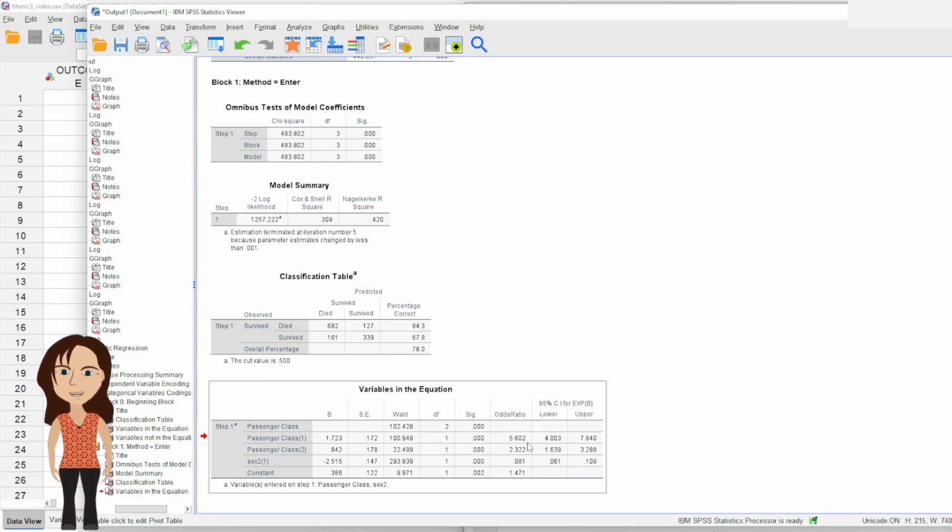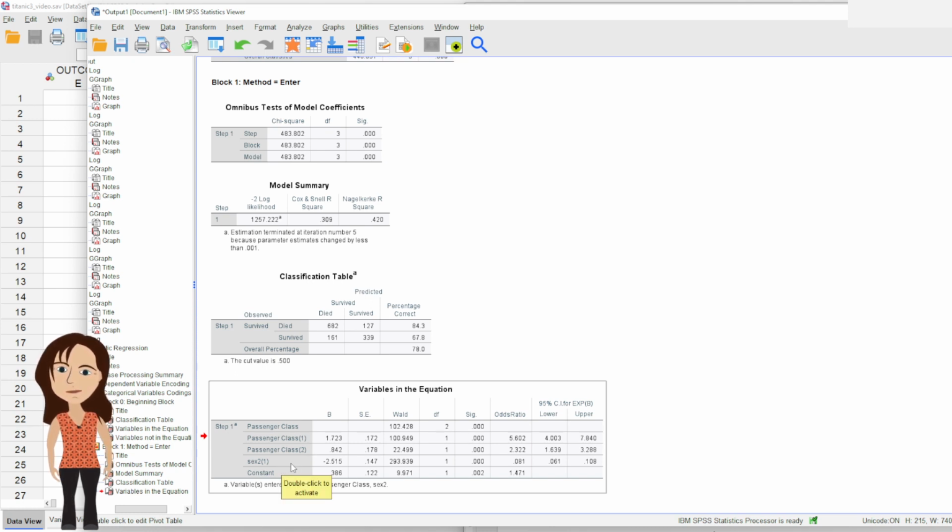So if you need to, just change it. Now, we have passenger class, and I would probably, when I'm writing the results into a table, obviously I need to edit these because whoever's reading it won't know what these are. So they need to be edited.